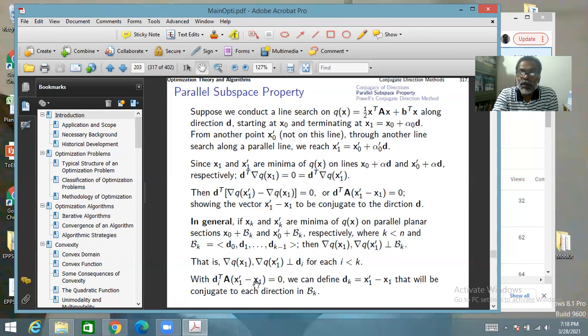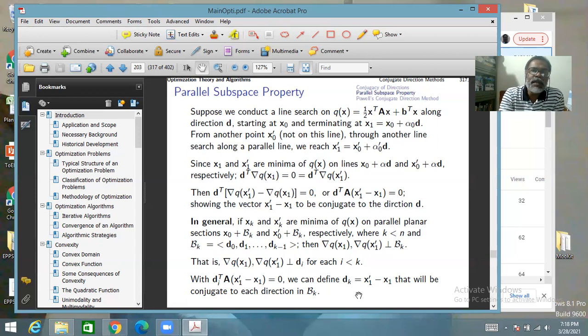And that means this new arrowhead to arrowhead vector, this new delta x, is conjugate to all the directions in this. If you already have k directions, now this delta x will give you the (k+1)th direction. So this will be a mechanism to generate new conjugate directions when you already have a stock of a few old ones.